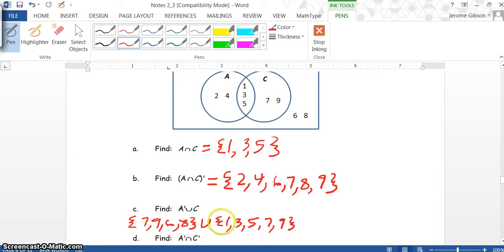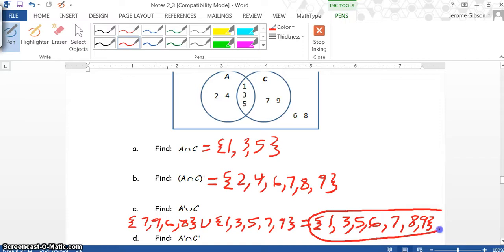Now we want to union these here. So we know that our final answer is 1, 3, 5, 6, 7, 8, 9. And this is our final answer.